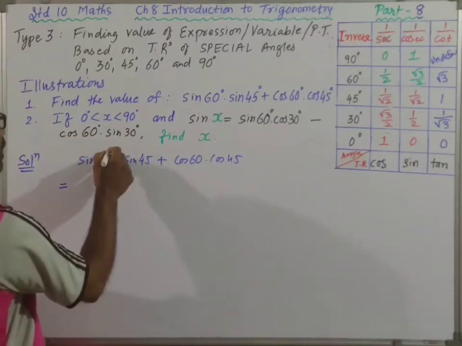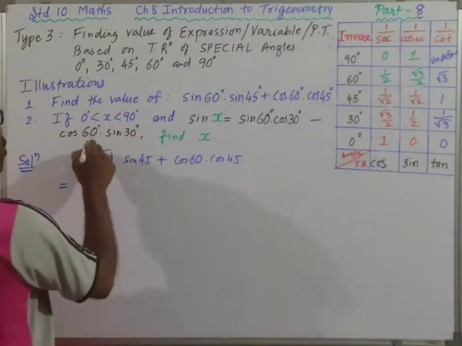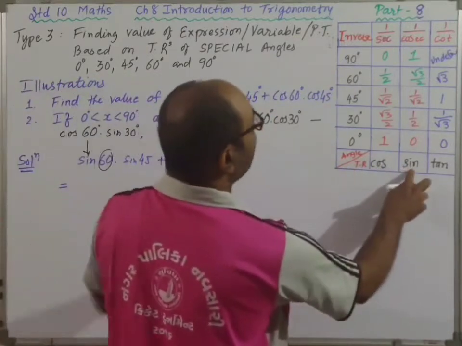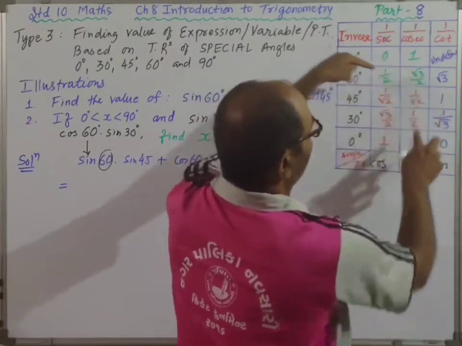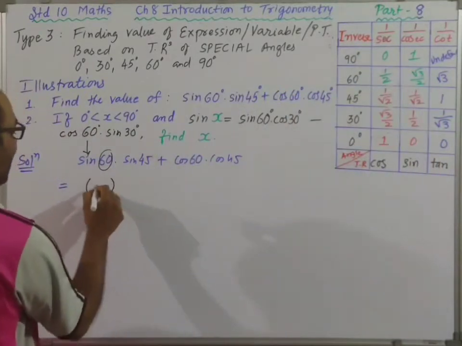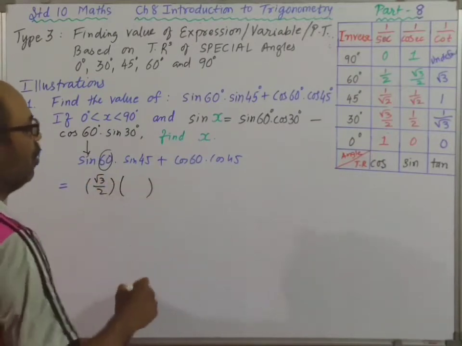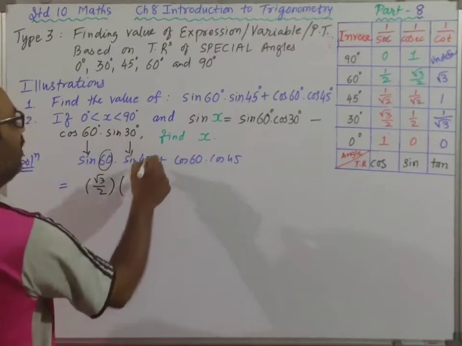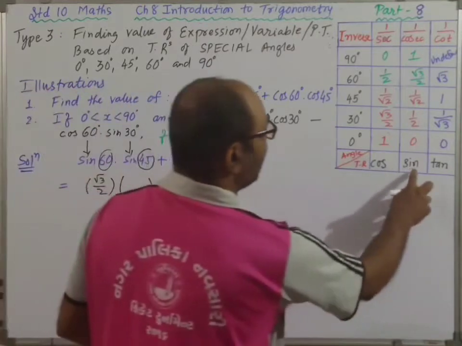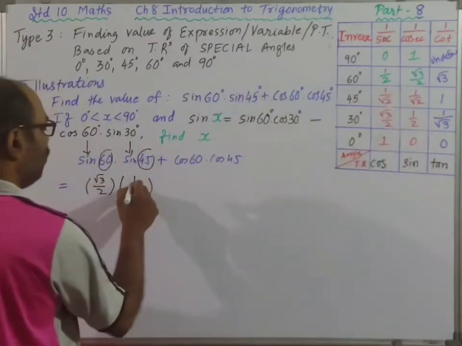What you want is 60, so 60. What you want is sine, so sine 60. Sine 60 is root 3 by 2. Use brackets nicely, children. Into sine 45, that is 1 upon root 2.